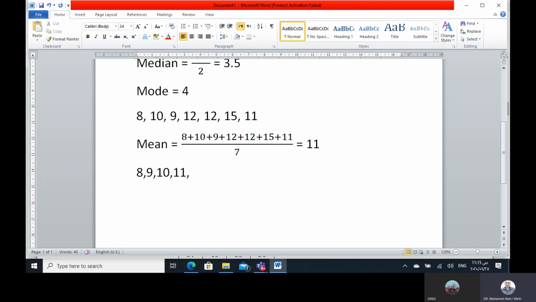Then we have 12 two times. Then we have 15. We have here 1, 2, 3, 4, 5, 6, 7, and here 1, 2, 3, 4, 5, 6, 7. It's true.